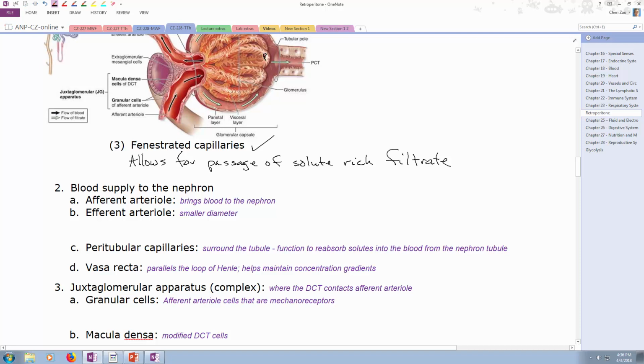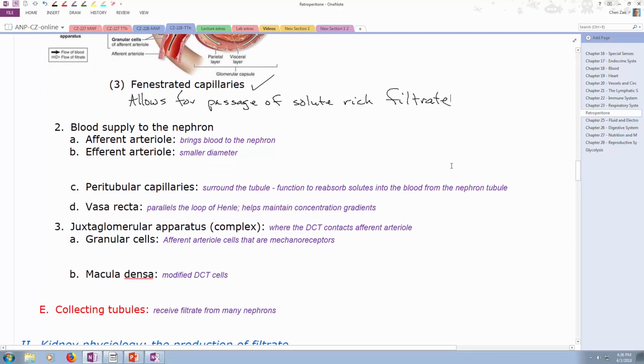Blood supply to the nephron. Remember, this is a microscopic unit. This is not anything that you would actually be picking out in doing your renal eval. Afferent arteriole brings blood to the nephron and has a larger diameter. Efferent arteriole, smaller diameter, takes blood away from the nephron.